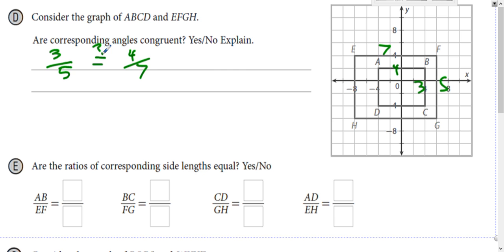So to check if two ratios are equal, you can cross multiply. You multiply the 3 times the 7, you get 21, and you multiply the 4 times the 5, you get 20. Those are different numbers, so they're not equal.